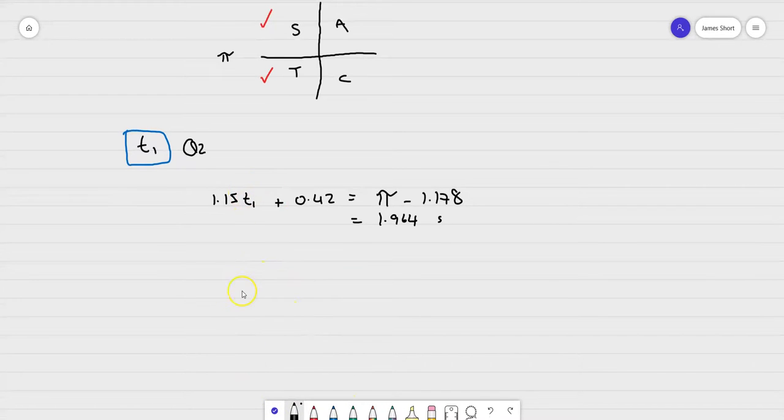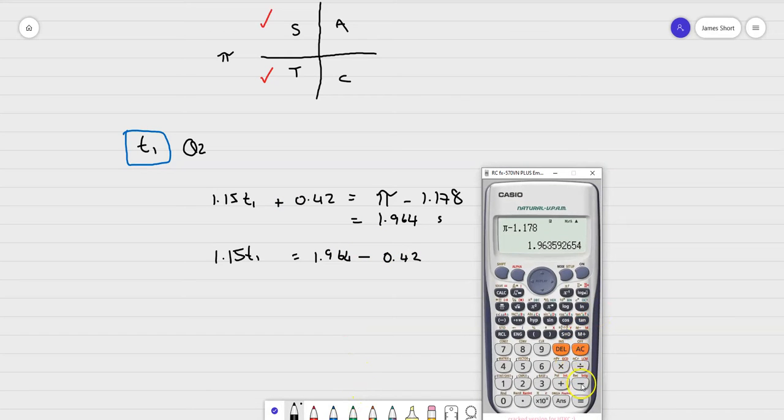So let's solve for T1. I'll do this in stages. 1.15 T1, and we're going to take this phase shift to the other side. It's going to be 1.964 minus 0.42. So I'm just going to put answer minus 0.42. It's 1.544.